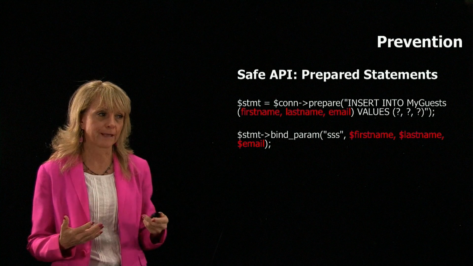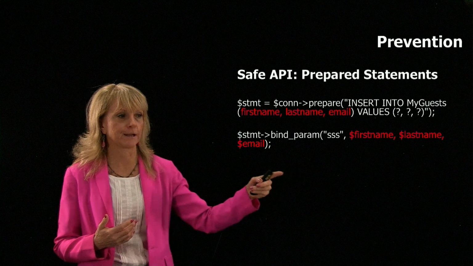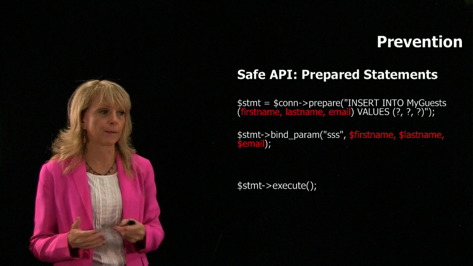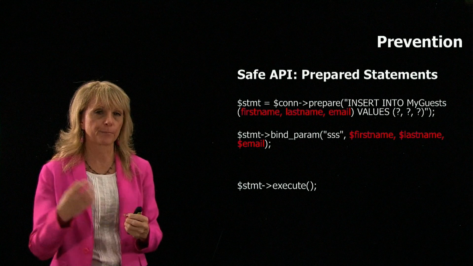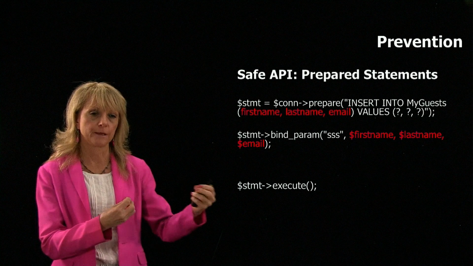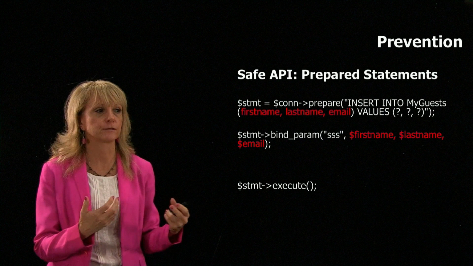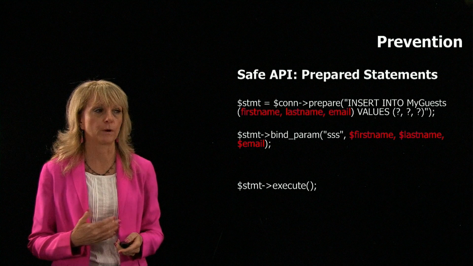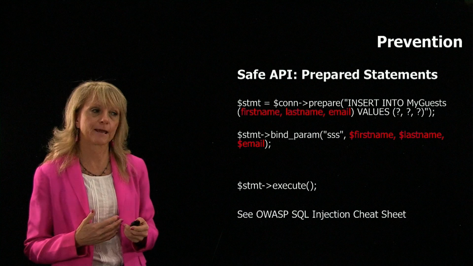Within the application, you give values to the first name, last name, and email address, and after you bind those parameters, you execute the statement. So what this is really doing is separating the data from the actual control. It also does type checking to make sure that the types of the input are what you want them to be.